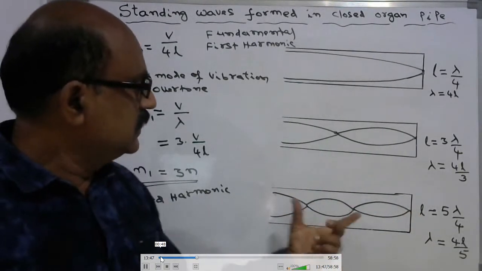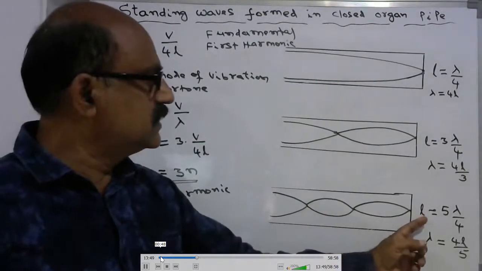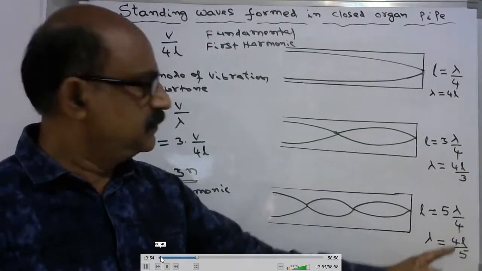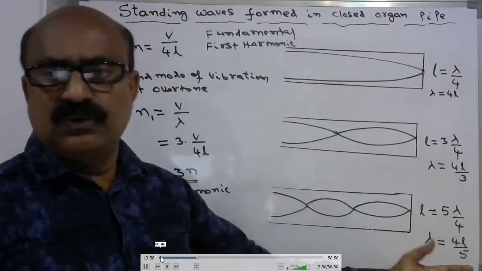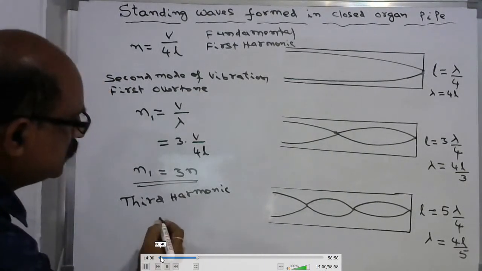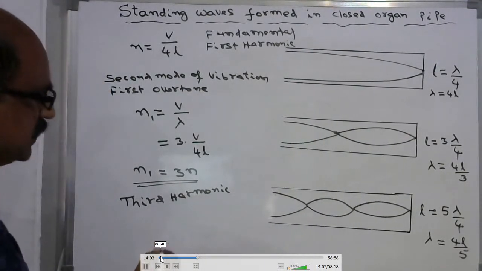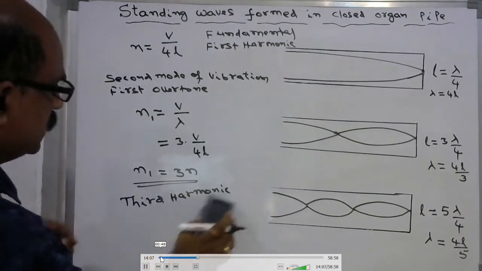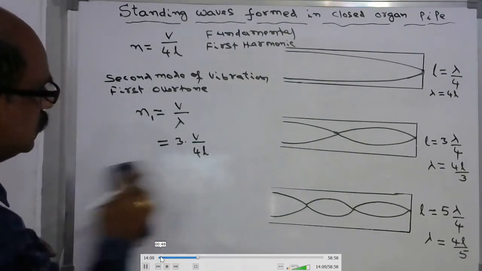Then what is the length of the air column? In this case, length is equal to 5 lambda by 4, so lambda is equal to 4L by 5. As you know, the frequency corresponding to the third mode of vibration is equal to V by lambda.